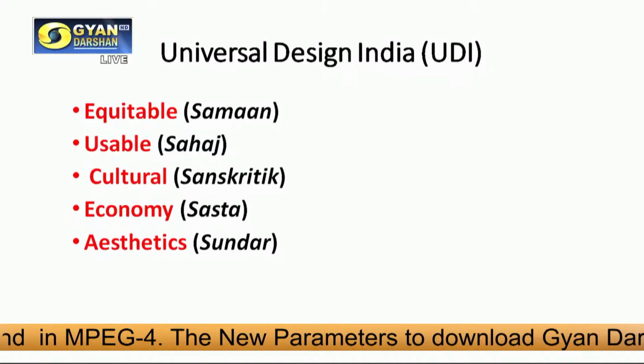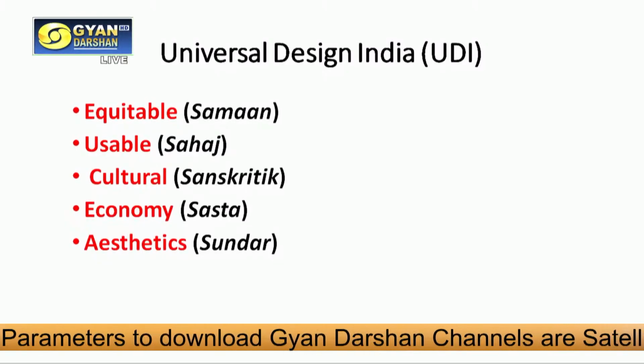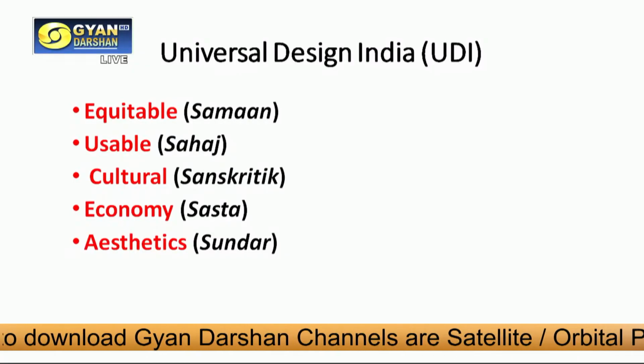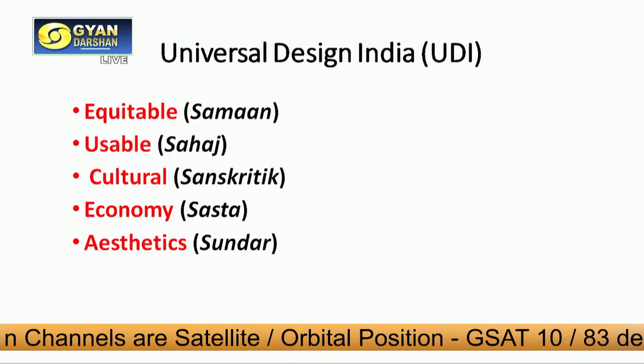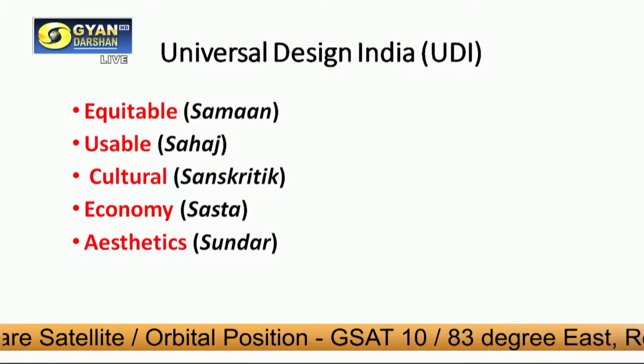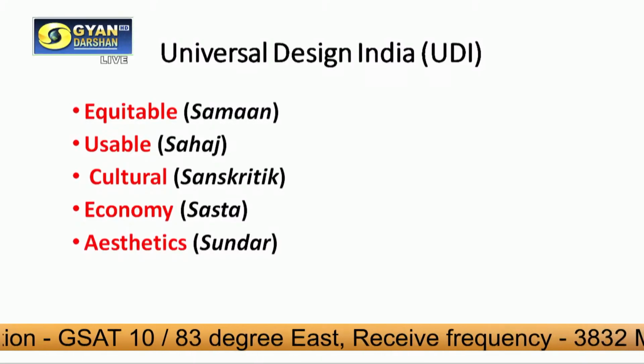One is equitable, in other words, what we call saman; usable, sahaj; cultural, sanskritic; economy, sasta; and aesthetics, or sundar. So your UD product should be beautiful to look at, it should be cheap, economical and affordable, and it should be something that your culture recognizes and is in tune with your culture.